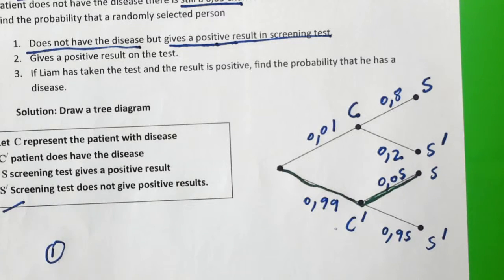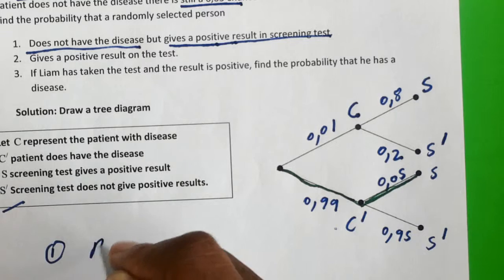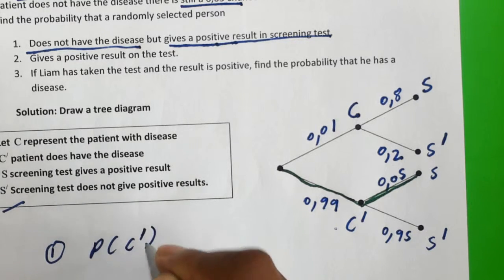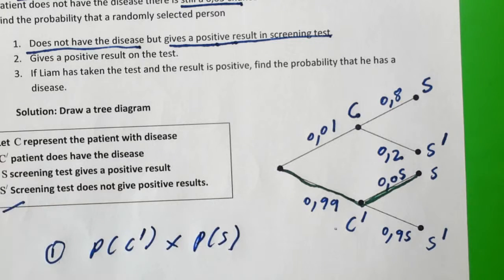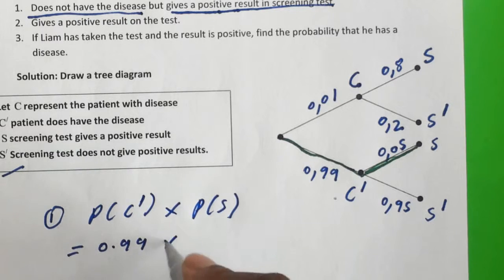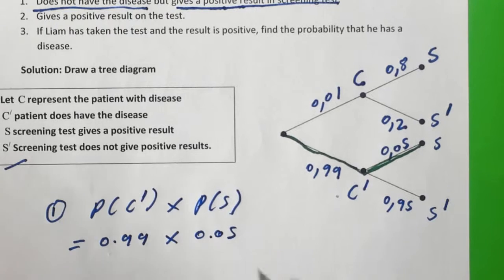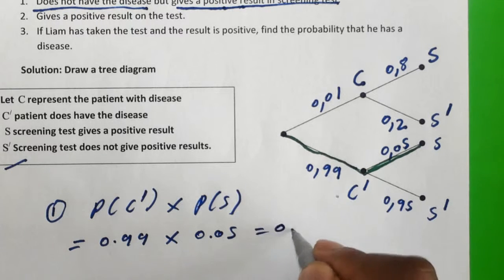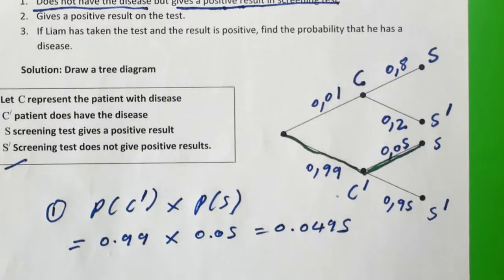So what is this? It is the probability of not C multiplied by the probability of S. And if we do that, what do we get? 0.99 multiplied by 0.05, and we get 0.0495. Beautiful.